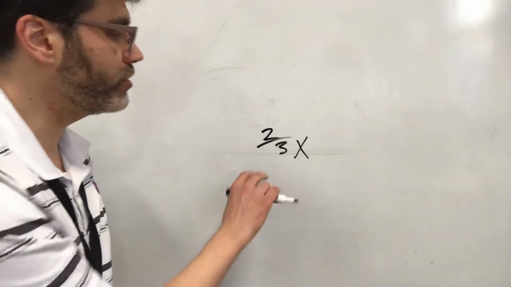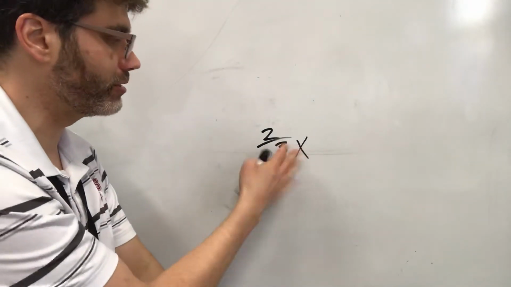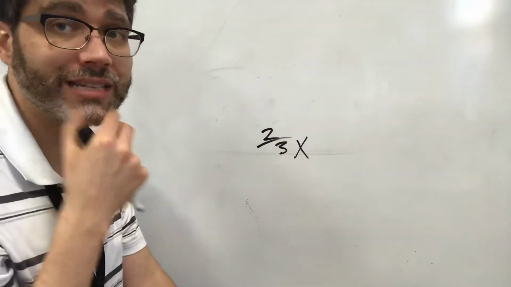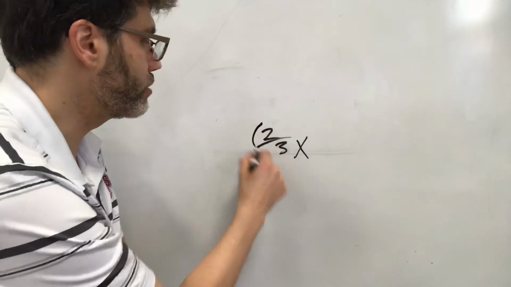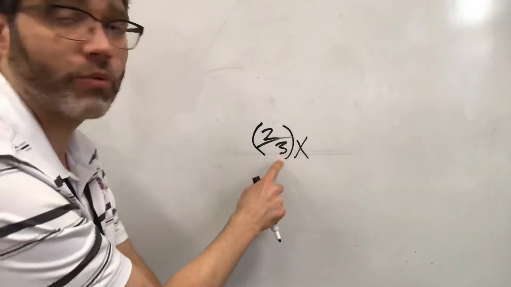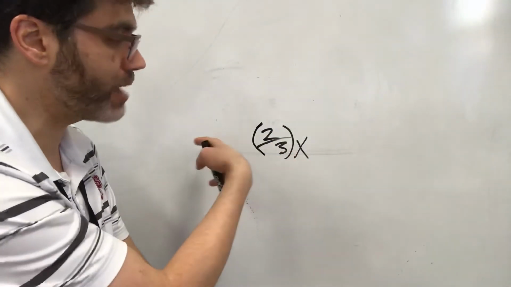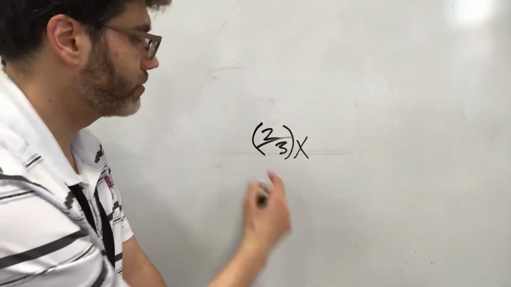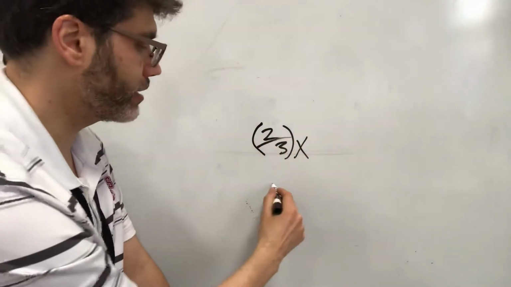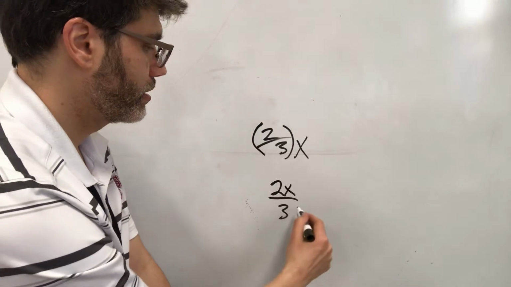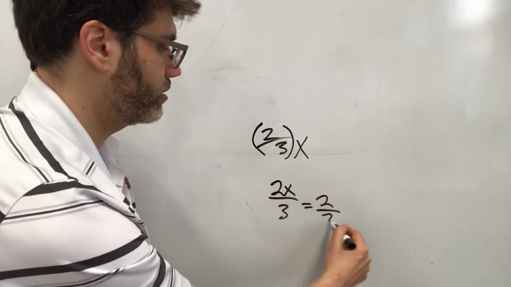So, if you tend to write fractions a little sloppily like this, there is an easy fix, and the fix is to put parentheses around that coefficient. And now there is absolutely no doubt that what you are writing here is this.